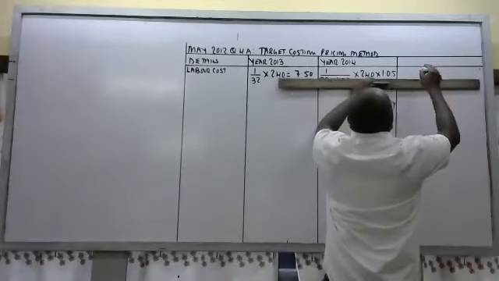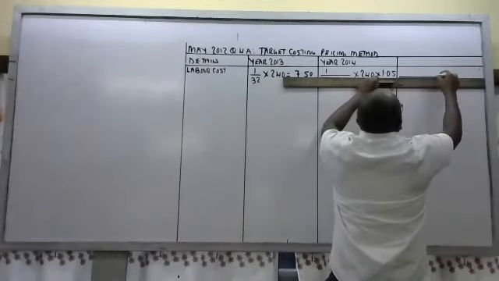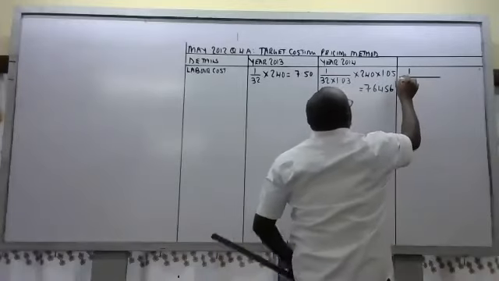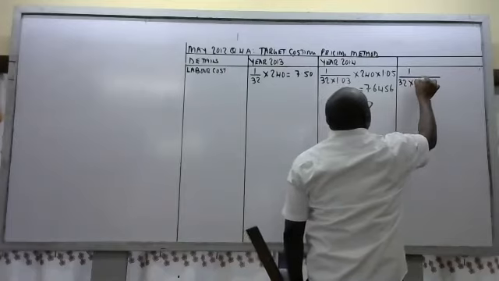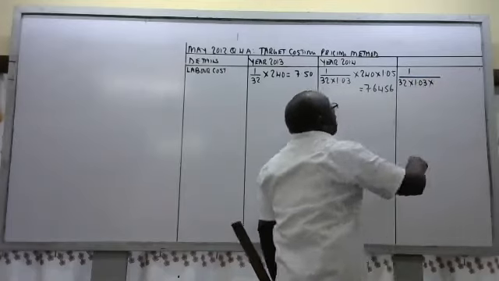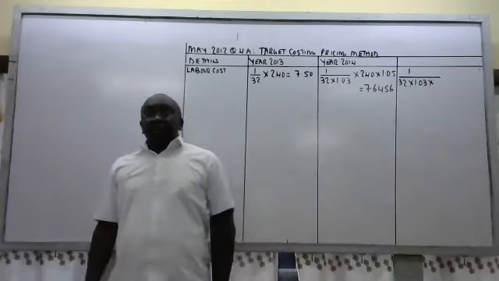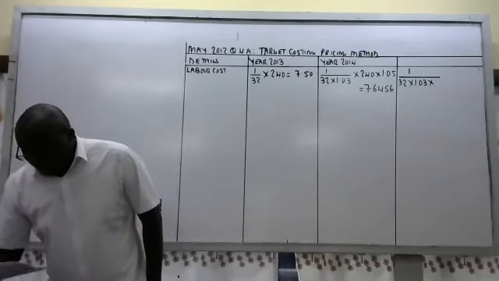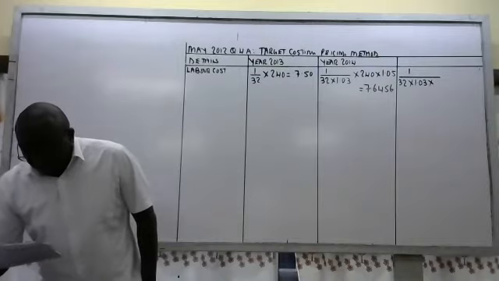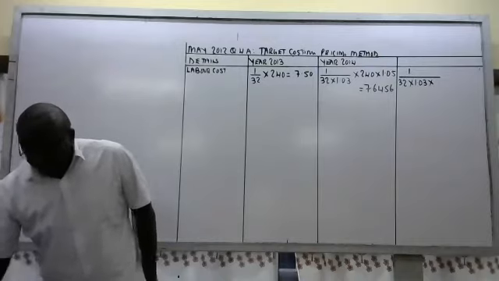When we come to the next year, it is 1 out of that 2 times 1.03 times, in the next year, we are increasing by 2%.